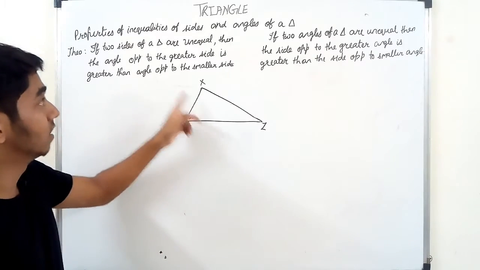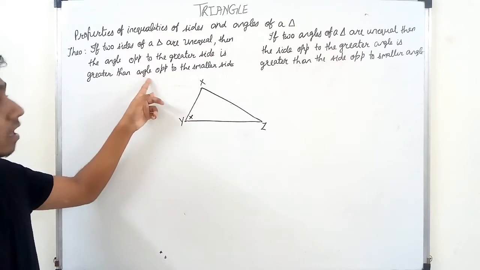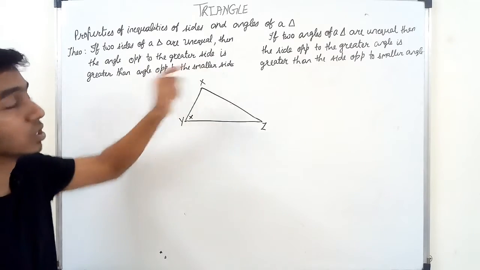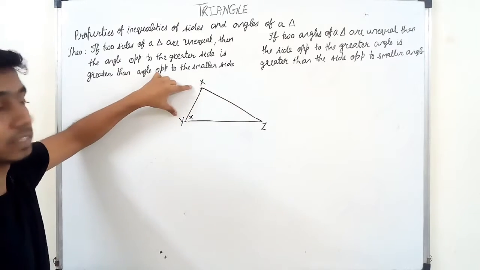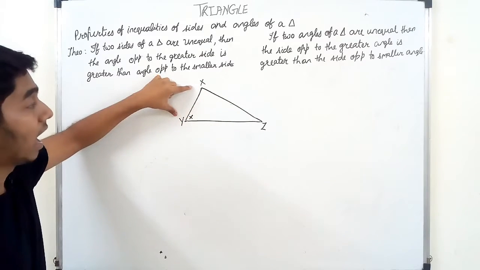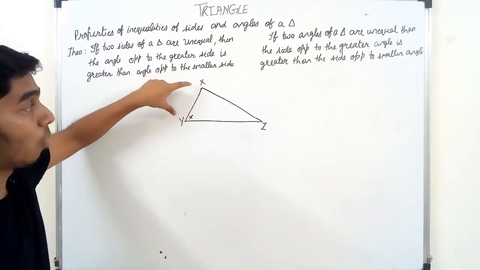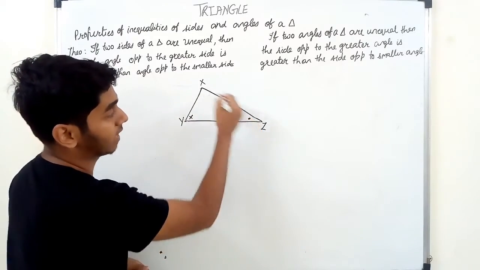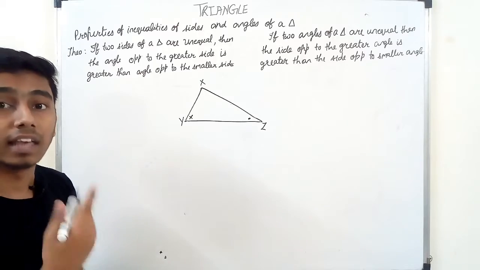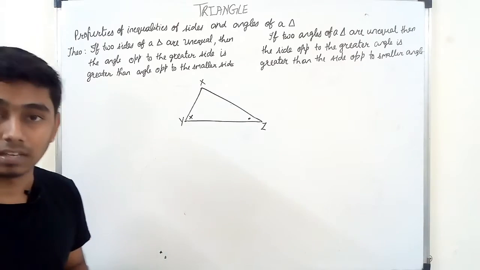So this angle is greater than the angle opposite to the smaller side. Which one is the smaller side? This side, correct? And the angle opposite to this side is this angle XZY. Therefore, what does this theorem say?